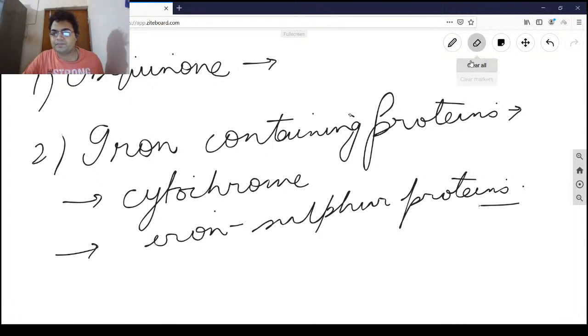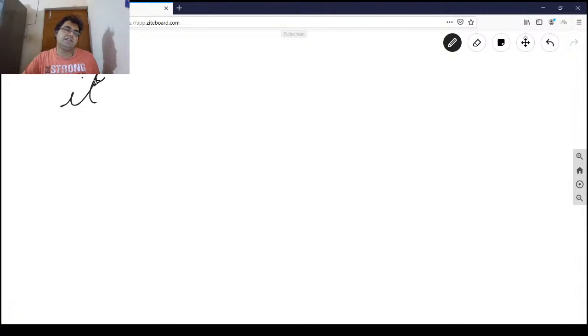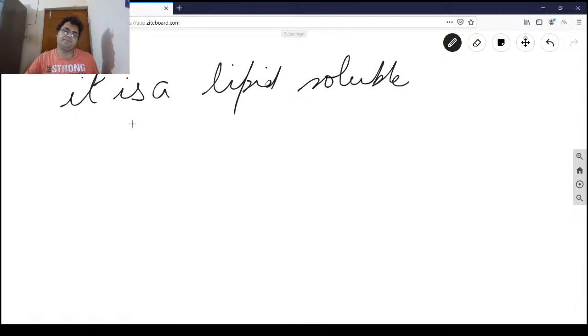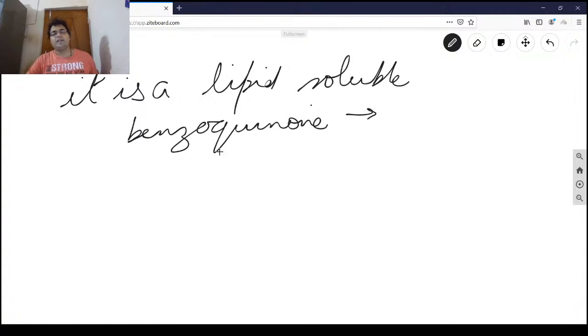It is a lipid soluble benzoquinone with a long isoprenoid chain.